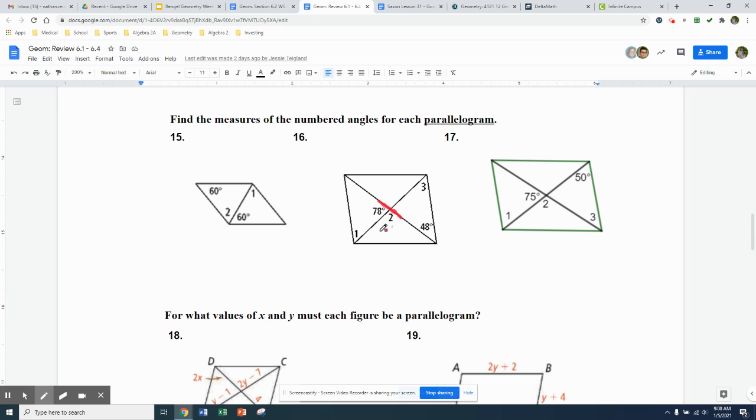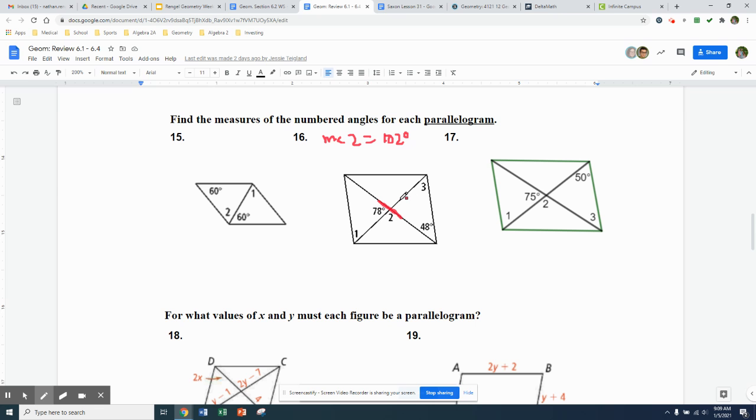You don't always have to find angle 1 first. This is going to be an easy one to find because you've got the 2 and the 78. So the measure of angle 2 is going to equal 180 minus 78, which is 102 degrees.